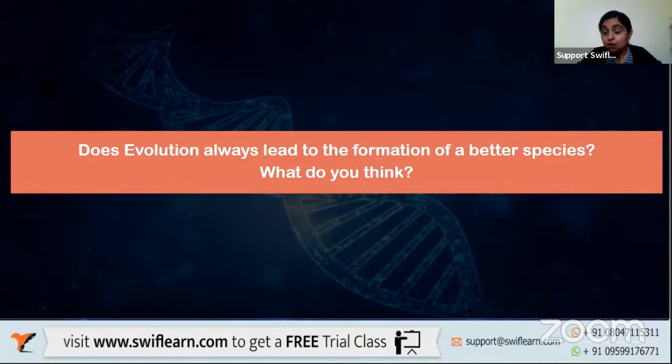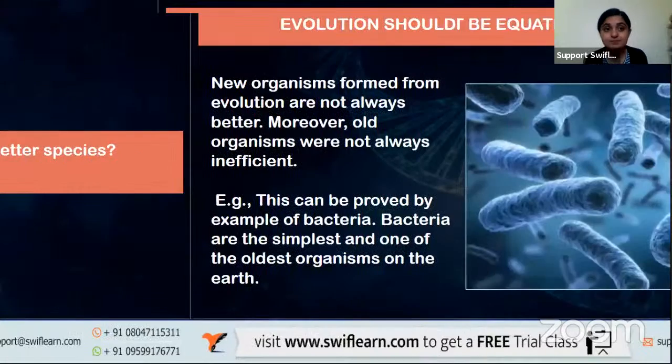What do you think about that? Is it always possible that whatever changes are happening are happening for good, or that there is always a better species taking place? What do you think about that? Think a little bit, and keeping this in mind, let's go ahead and read.